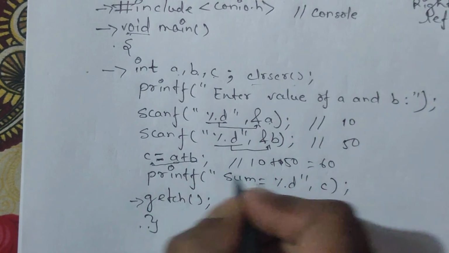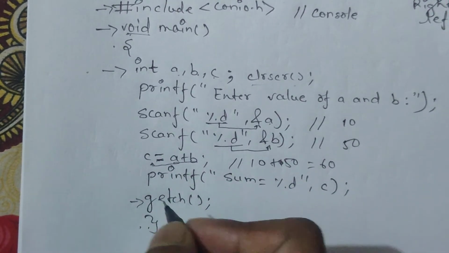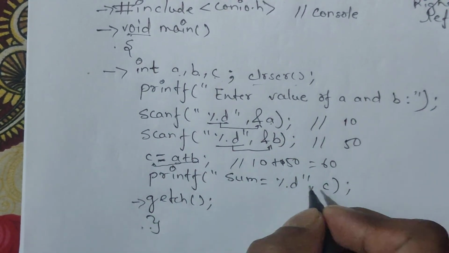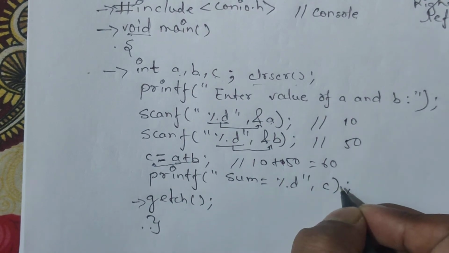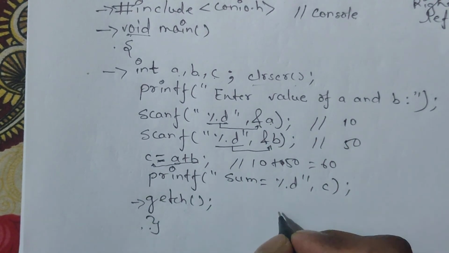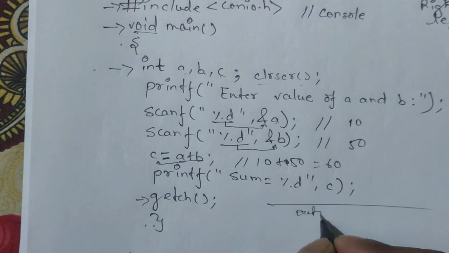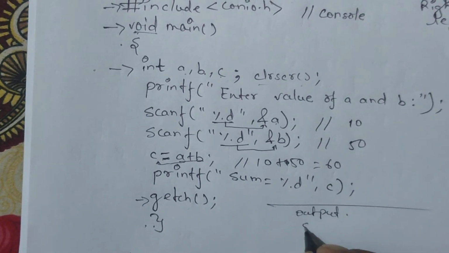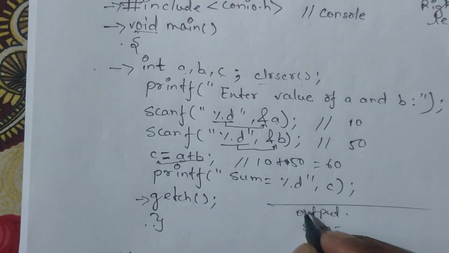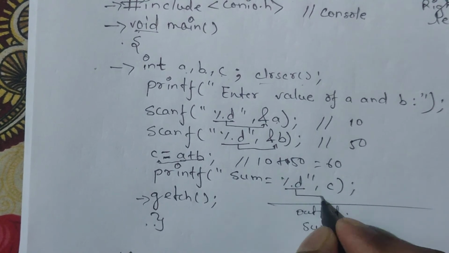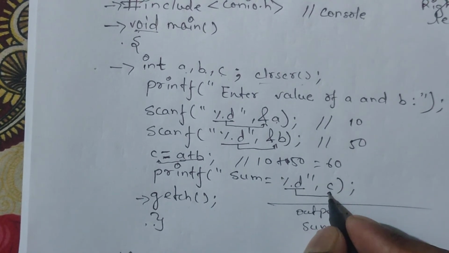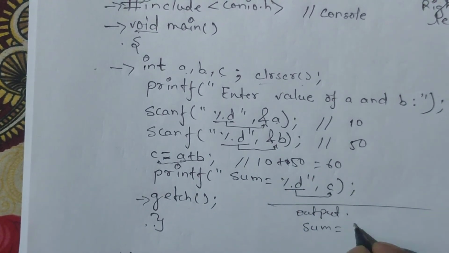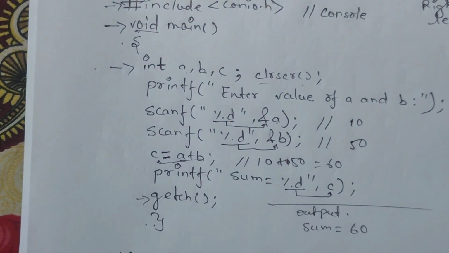It will be 60. So the value of c is now 60. So printf sum equal to %d. Now in the output screen, what will it show? Sum equal to %d means who will give the value to %d? c. So what does c contain? 60. So sum equal to 60 will be our output.